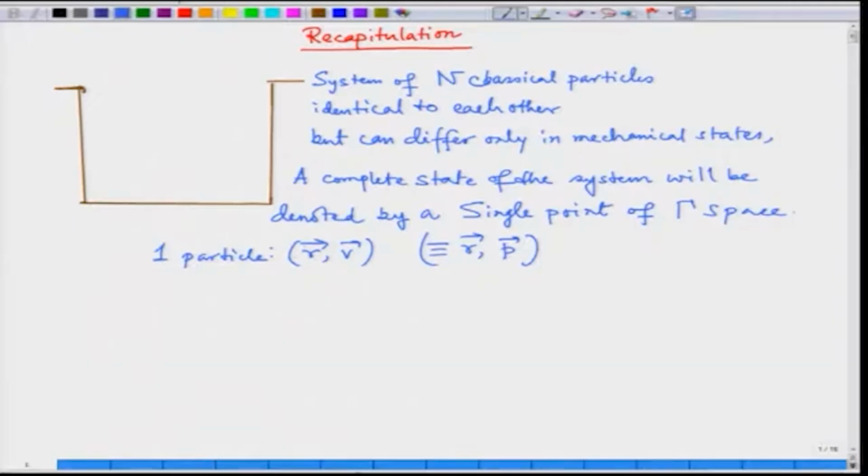So, 3 coordinates for r because of 3D space and corresponding 3 velocity coordinates. One particle gives 6 coordinates in phase space.